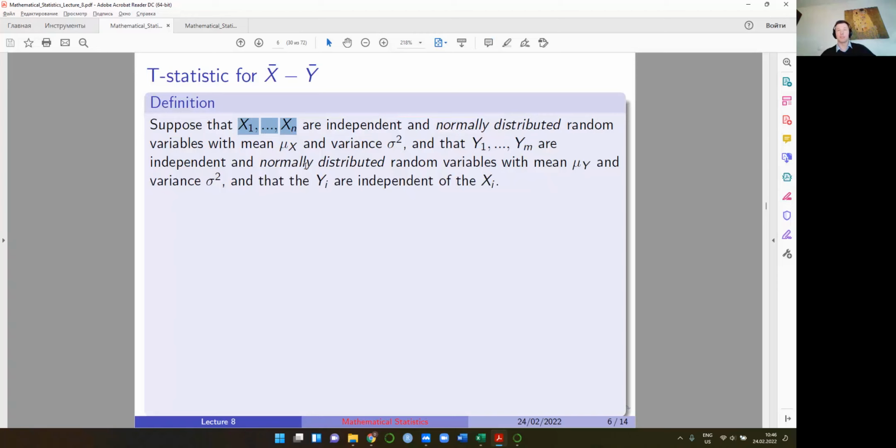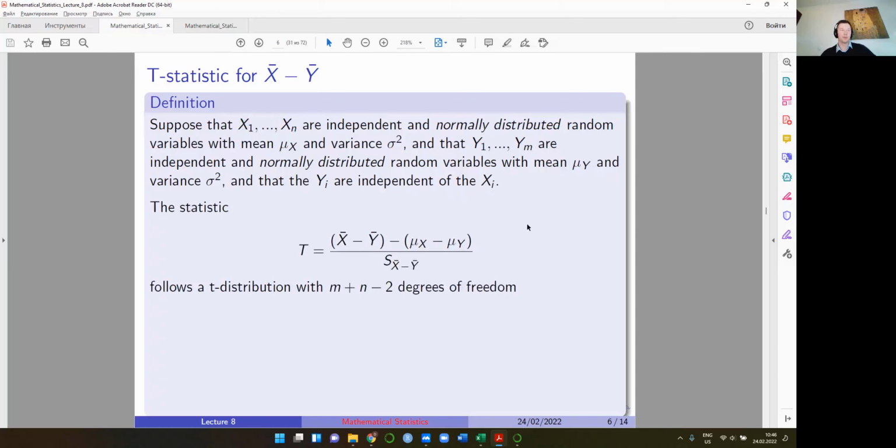Once again, I draw your attention that we assume equality of variances. Variances must be equal. And these two samples are independent of each other: yi is independent of xi.